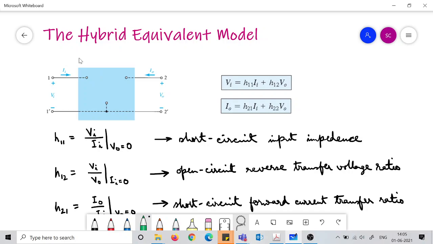So today we would go into the hybrid equivalent model, and of course another thing that we also covered are the cascaded BJT systems. By considering one configuration of the BJT as a two-port network, we can place such two-port networks in cascade and solve a more complicated network.